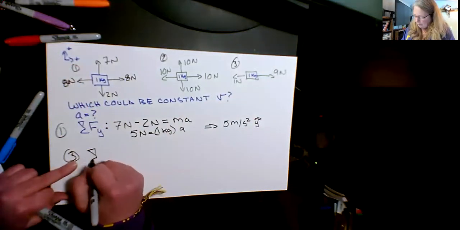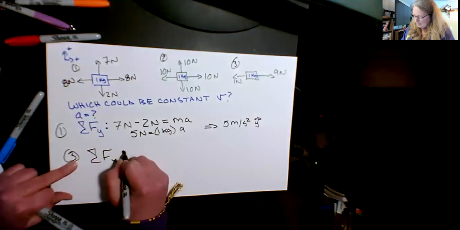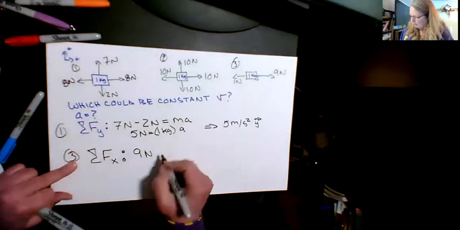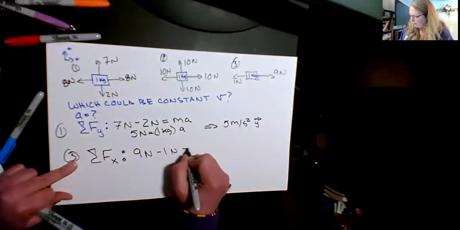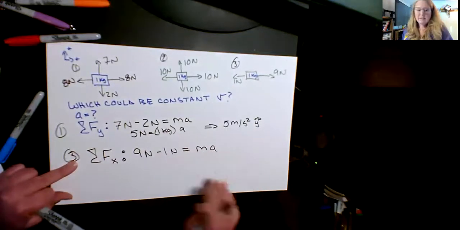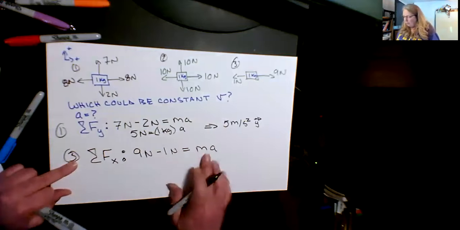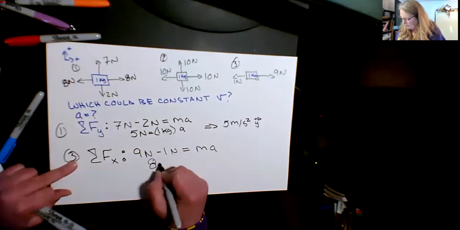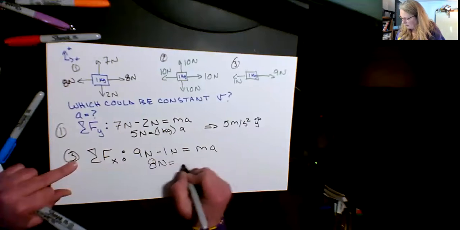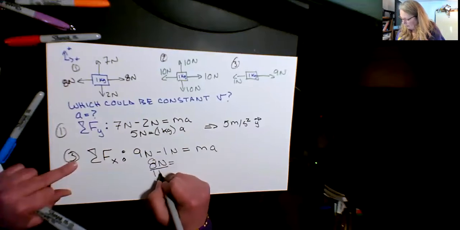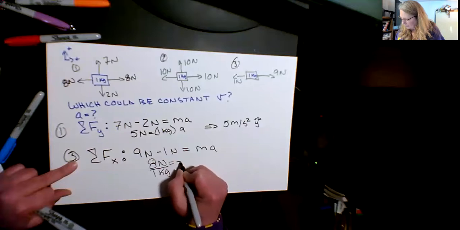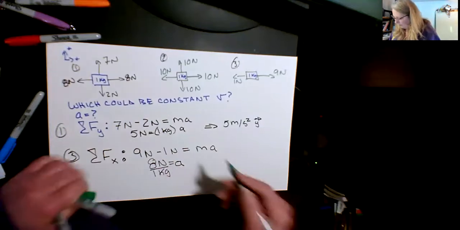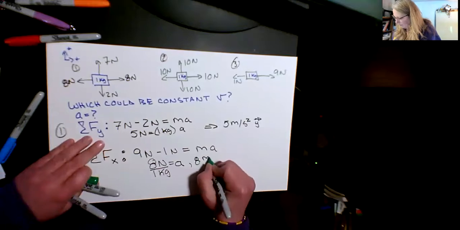So the sum of forces in the x is going to give me this positive 9 newtons minus this 1 Newton equals mass times acceleration. I have a net force, so I'm accelerating. That means I have 8 newtons equals mass times acceleration, or this time I'll divide by my 1 kilogram, equals acceleration a. So this one has an acceleration of 8 meters per second squared.